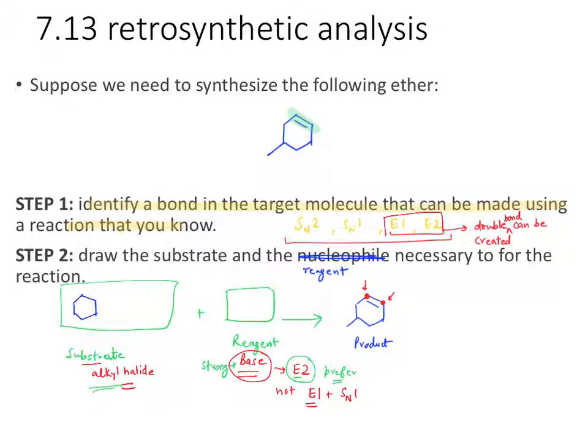So the substrate could be this, or it could be this. And a base for an E2 elimination could be sodium hydride. Remember that chart that we need to memorize.